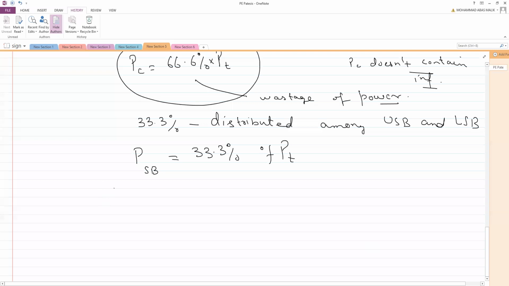If you want the power contained by the lower sideband, just divide the sideband power by 2. Upper sideband power and lower sideband power will be equal.